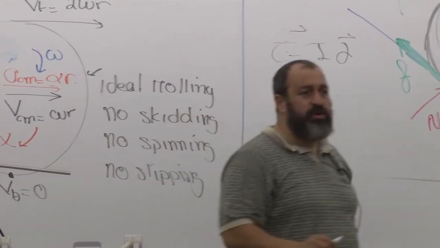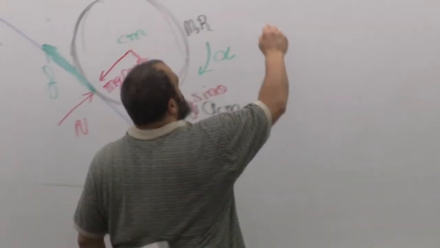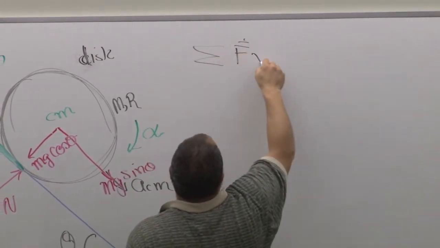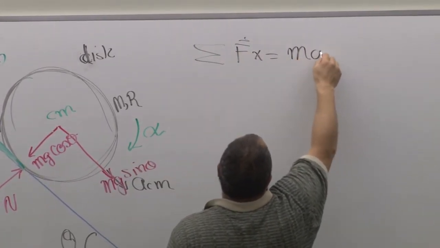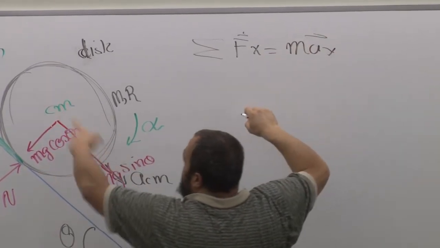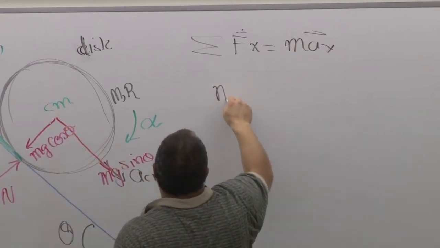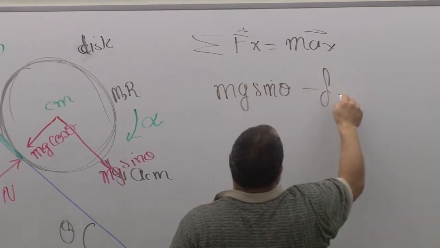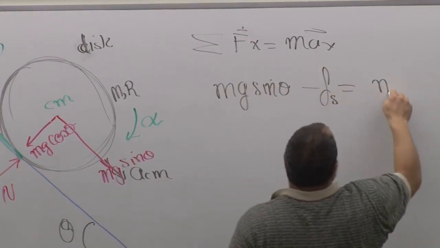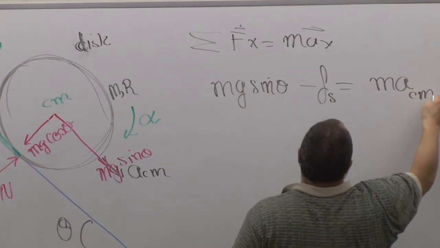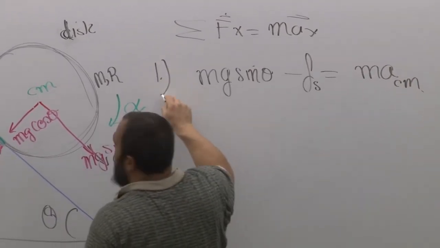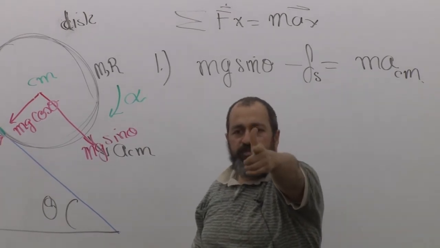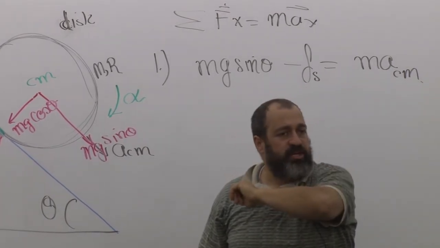Next, I'd like to write down the equations of motion. Sum Fx equals m ax. What are these forces in the x direction? I have mg sin theta minus the force of static friction equals M ACM. How many unknowns do I have? The force of friction and the acceleration.